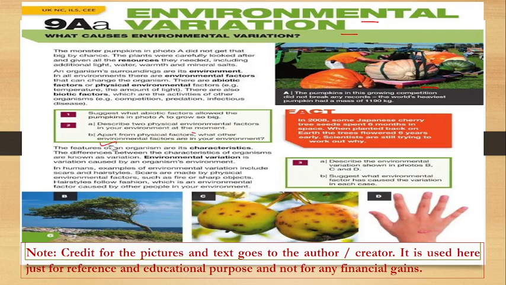One is able to walk, one is not able to walk. The trees are static in one place, whereas the animals are able to move from one place to another. These are features of an organism and are called characteristics. So the differences between the characteristics of organisms are known as variation.